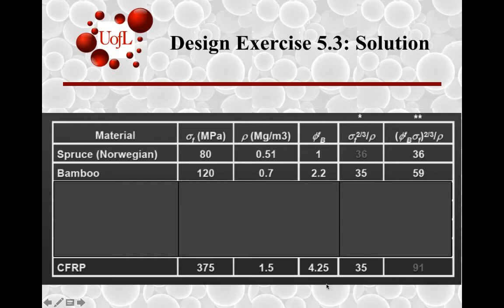But because of the shape factor differences, consider the modified material index we had derived last week, where instead of sigma f to the power 2/3, you would have the shape factor phi times sigma f, to the power 2/3. So now with this new equation, if you were to take into account shape factors, what do you get?